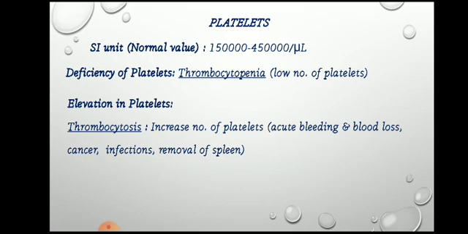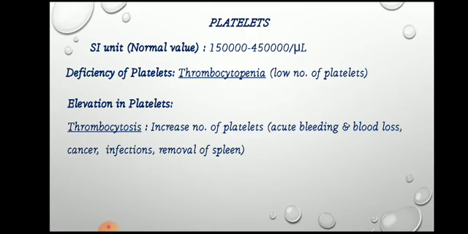A lesser number is called a deficiency of platelets, the condition called thrombocytopenia, a decreased number of platelets. The increased level is called thrombocytosis, elevated levels, which can be due to acute bleeding or blood loss, cancer, infection, or removal of the spleen.